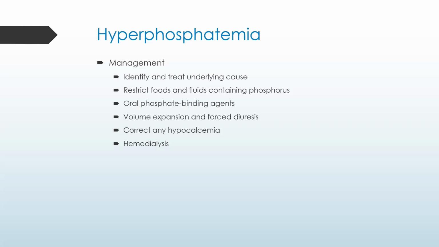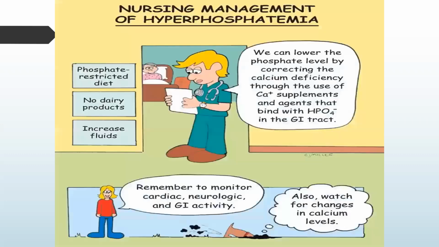With severe hyperphosphatemia, hemodialysis can rapidly decrease levels. Volume expansion and forced diuresis with a loop diuretic may increase phosphate excretion. If hypocalcemia is present, instituting measures to correct calcium levels assists with returning phosphorus levels to normal.